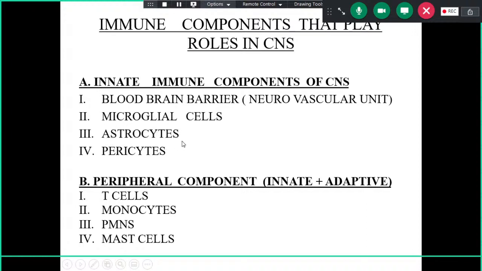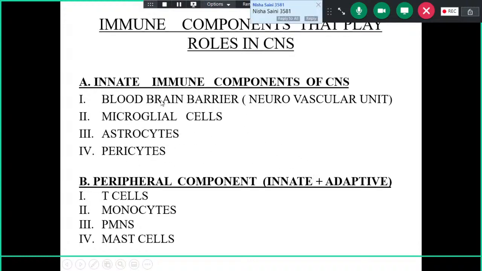The astrocyte is associated with the neural tissue, and it carries a large amount of different aquaporins. What are aquaporins? Aquaporins are channels present in the astrocyte that help with the maintenance of the neuronal tissue. In addition to this, there are pericytes which cover the blood vessel inside the brain.